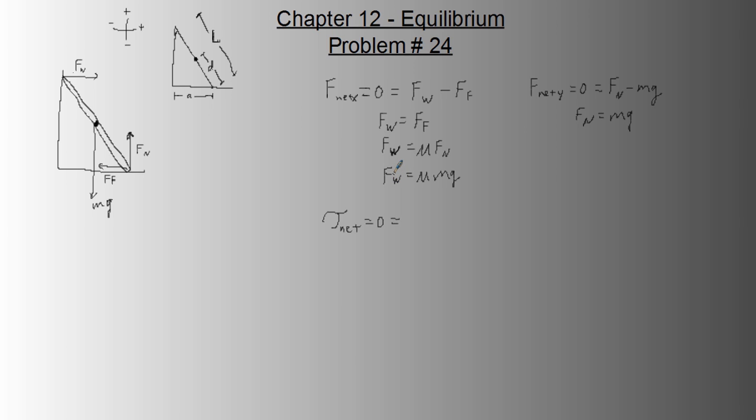So we probably don't want to pick Fw as our pivot, because in a system of equations, if we get rid of Fw in net torque, there's no way to get rid of it here. We don't know Fw. So based on that logic, I'm not going to make the pivot point at Fw.